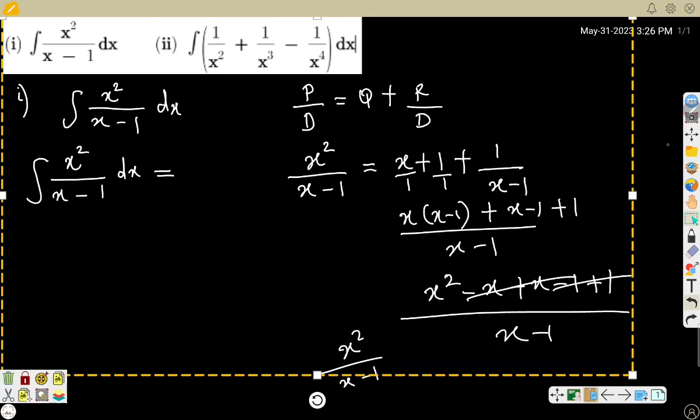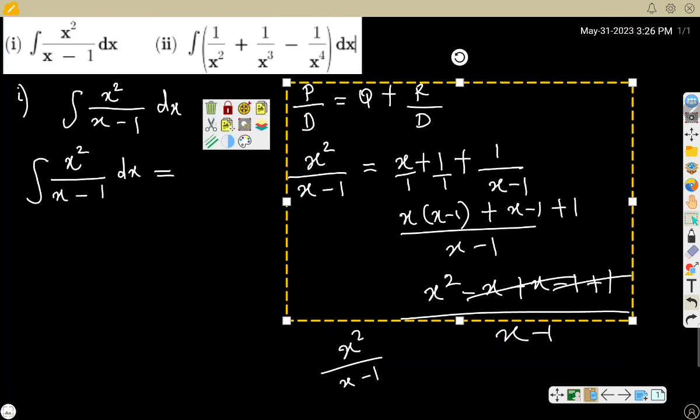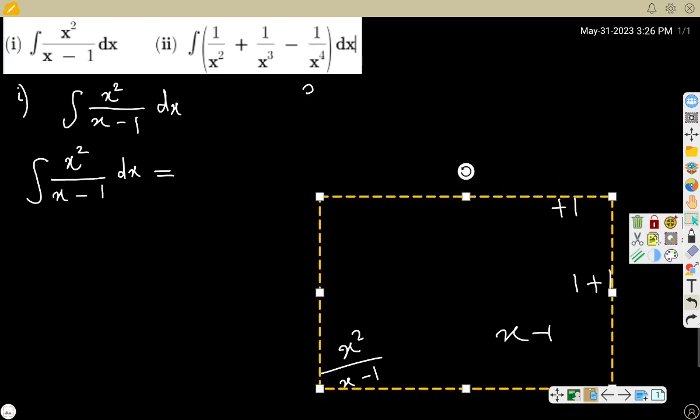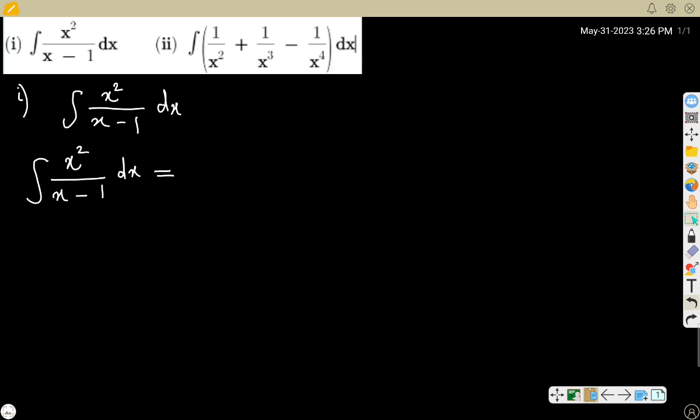So that means our question now becomes x plus 1 plus 1 over x minus 1, that is quotient plus remainder over divisor. So we have shown that this is equal to this using long division.